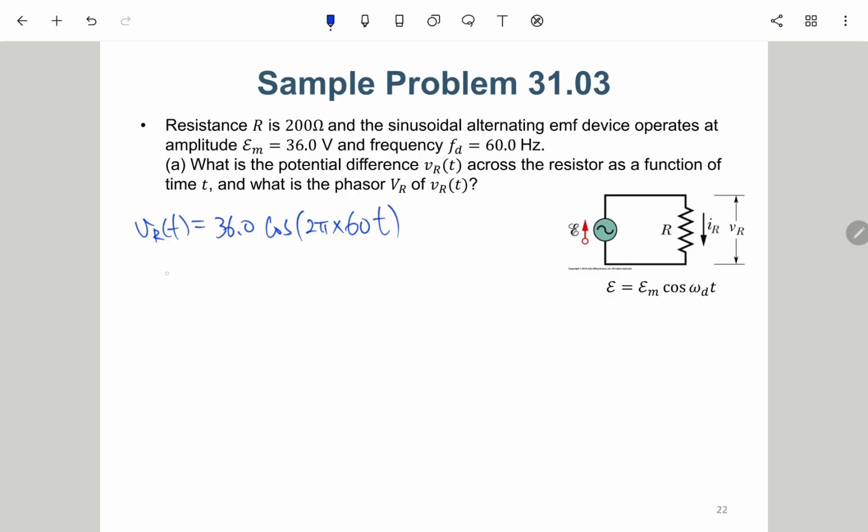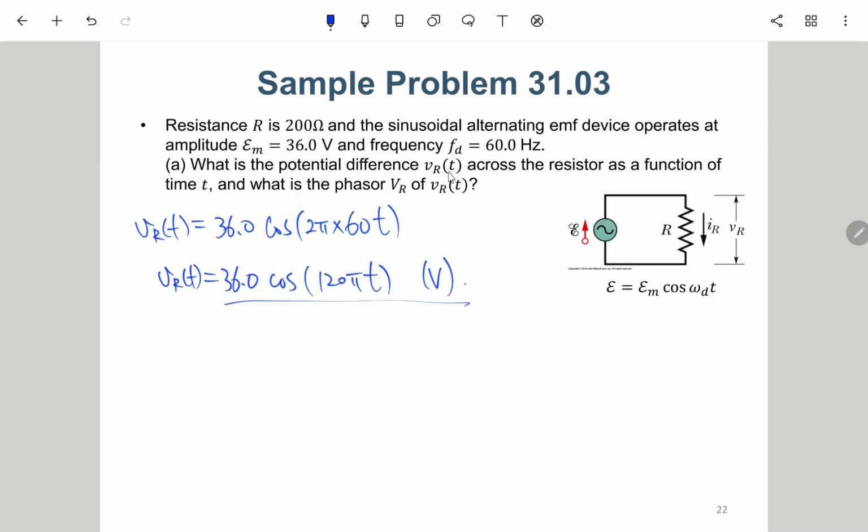So V out of t is 36.0 cosine of 120 pi t, and the SI unit will be volt. So this is one of the answers to the question.